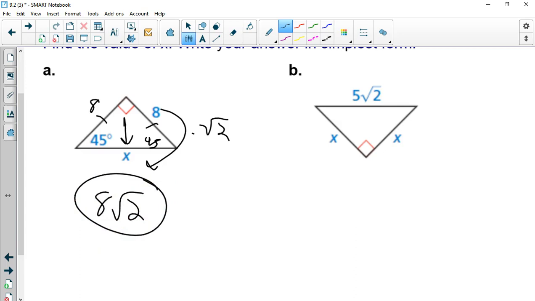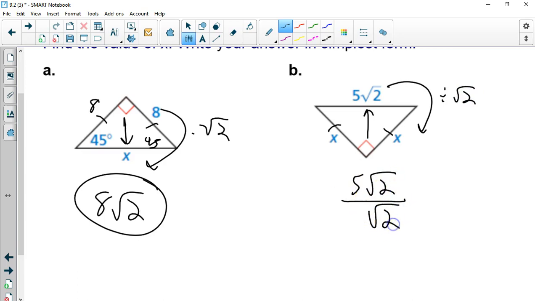No big deal. On B, though, we're going the opposite direction. Notice we have our isosceles, matching legs. Here's my hypotenuse. So this time, I need to divide by radical 2, which in this case is not too bad. I don't have to do any rationalization because radical 2 divided by itself, x is 5.